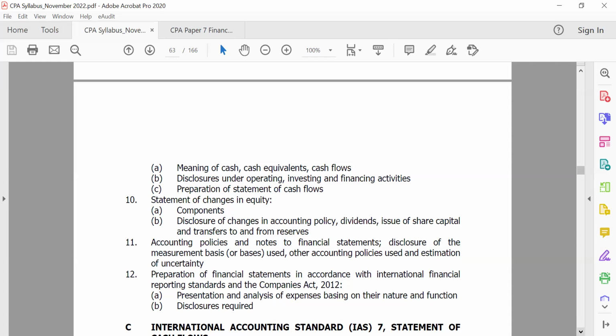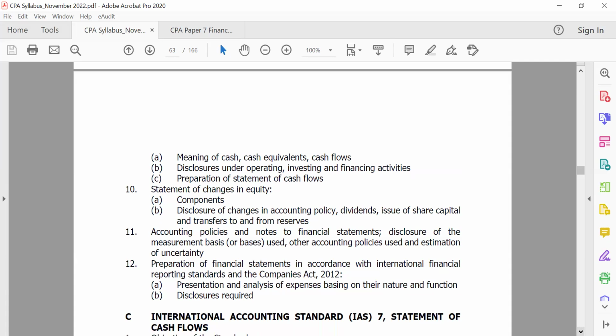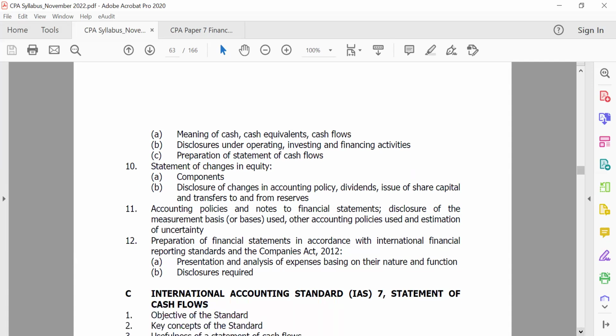And then how we prepare financial statements also in regards to the International Accounting Standards, reporting standards, but also in regards to the Companies Act 2012. So all that is within IAS 1.